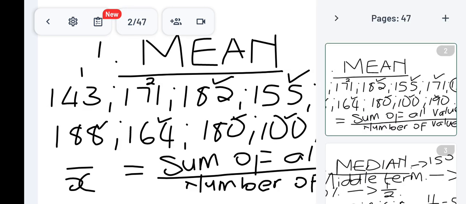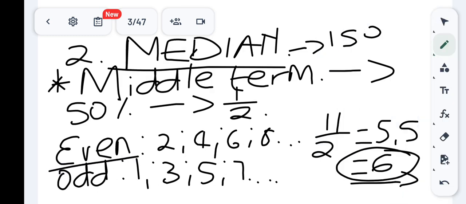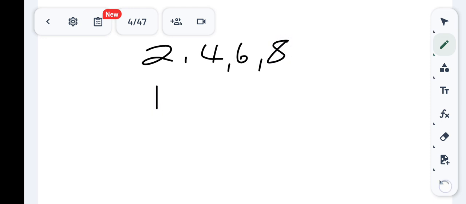All right. But what if we have an even number? If you have an even number, for example, let's take this example, 2 4 6 8. Let's count the number of values. We have 1 2 3 4. So in this case we have 4 values, and 4 is an even number.